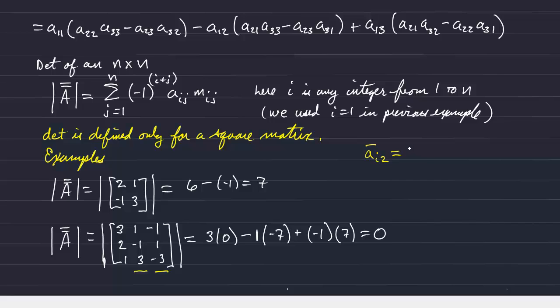Sorry to repeat that multiple times, but hopefully that's now clear. And again, the second column was equal to minus 1 times the third column. In other words, the two columns were linearly dependent.